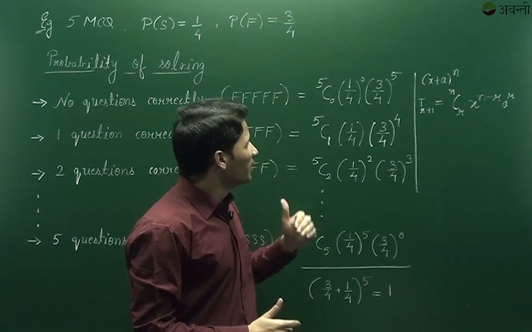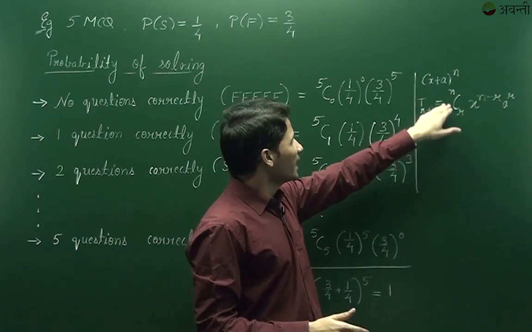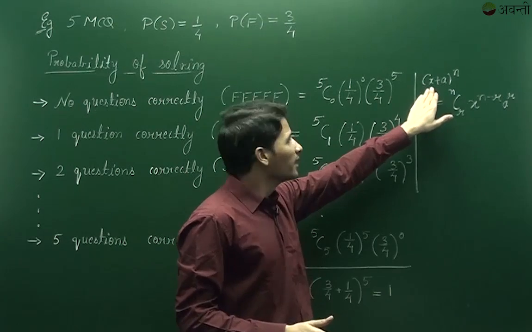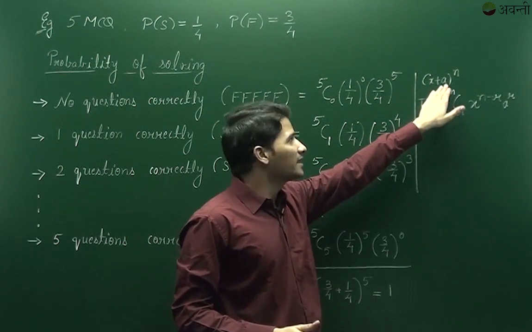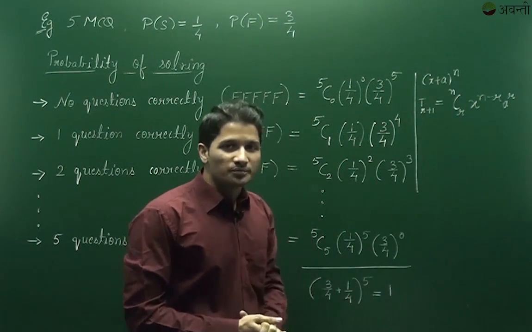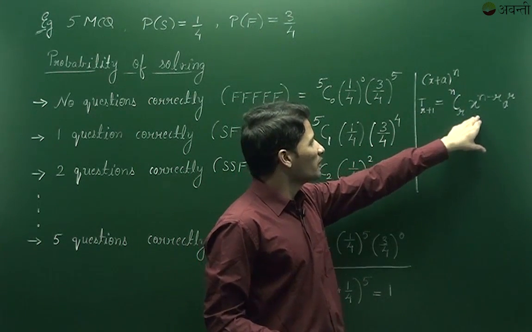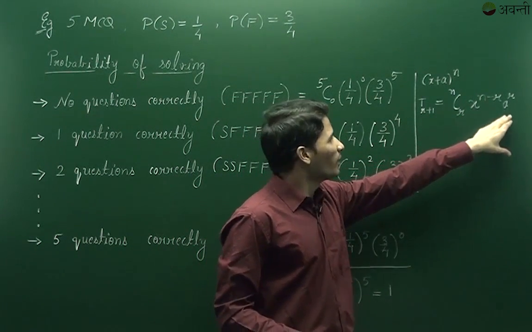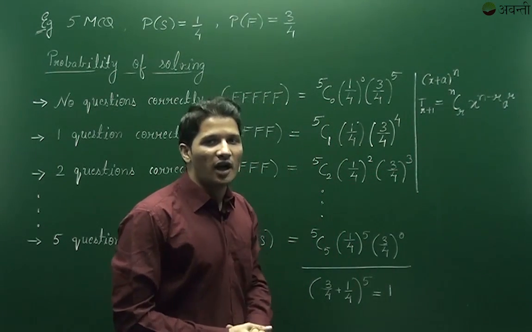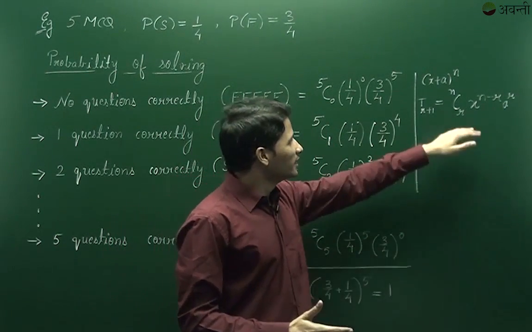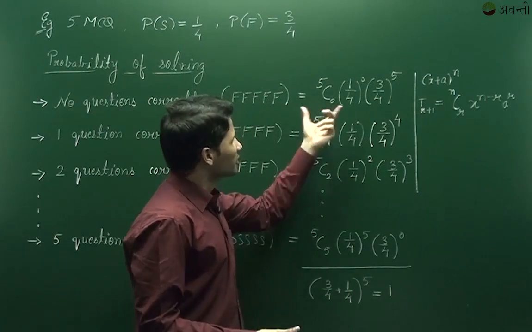Now for a moment, let us assume that in this case x is 3/4, a is 1/4, and n is 5. So this becomes 5Cr (3/4)^(5-r) into (1/4)^r. Now if you put r equal to 0 in this term, then you get this term.